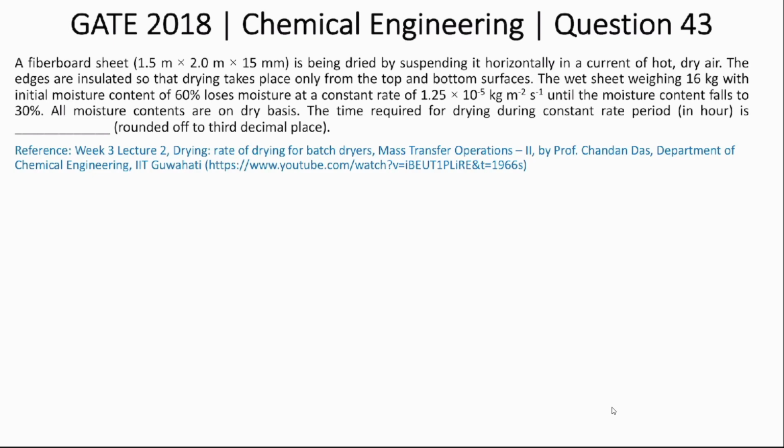A fiberboard sheet which is of the dimensions 1.5 meter into 2 meter into 15 mm is being dried by suspending it horizontally in a current of hot, dry air. The edges are insulated so that drying takes place only from the top and bottom surfaces.